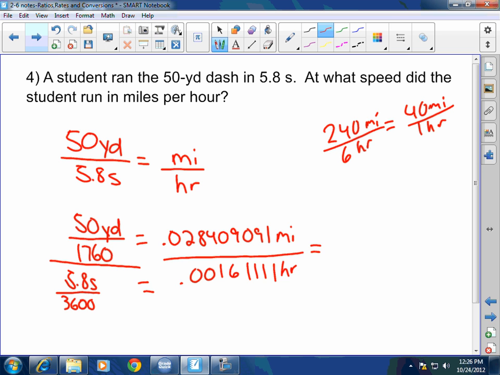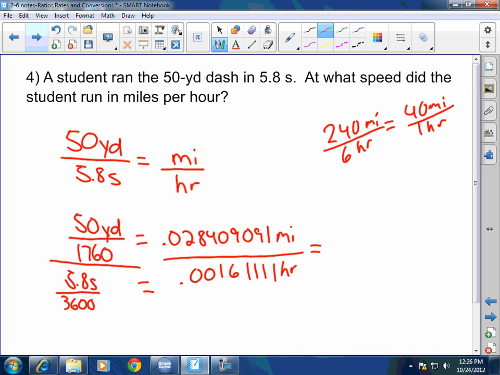And what's the problem? It's the same thing. Oh, but there's ugly numbers, Mr. Morrow. So what? Who cares? So what? Is this a rate? Yes or no? How do I make a rate a unit rate? Divide. Period. Does it matter how ugly the numbers are, guys?